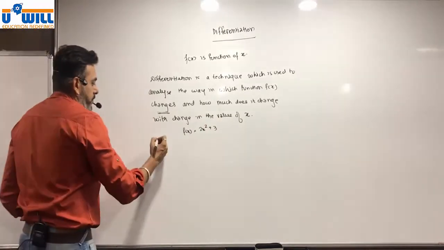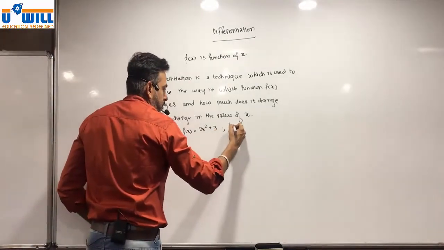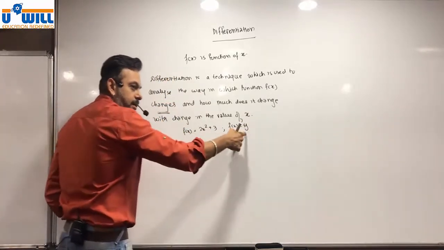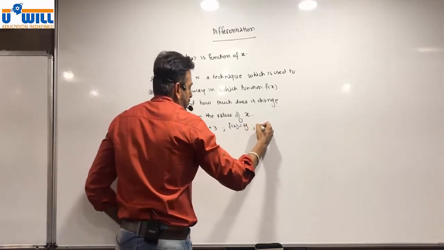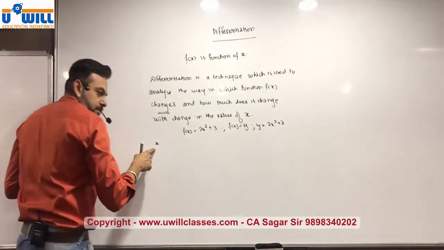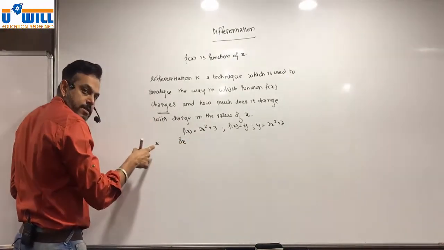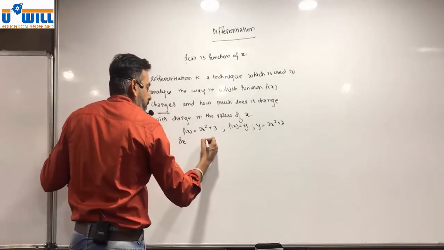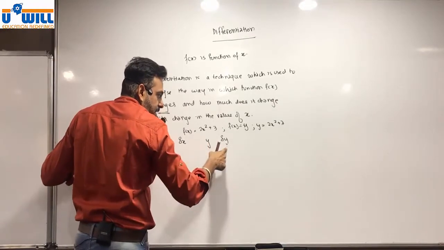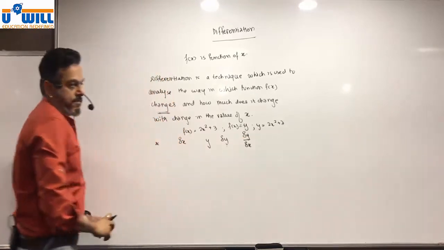Here we take f of x as y, or we can also say y is equal to 2x square plus 3. Now, delta x is change in the variable x, delta y is change in the variable y, and then delta y upon delta x.